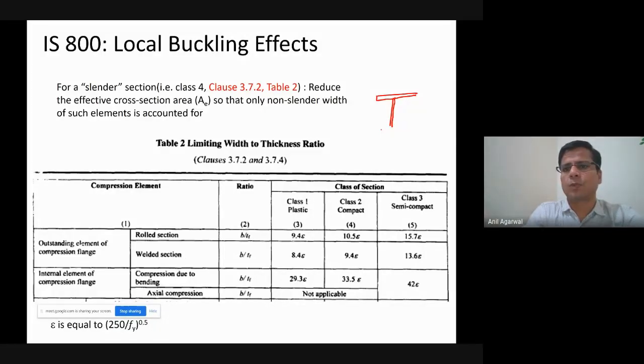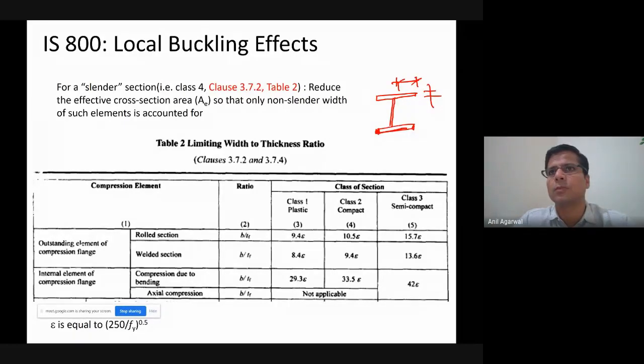Okay. So if I have a beam, the ratio between the width of the flange versus the thickness of the flange. Here we will use half of the width and we will use the thickness. So width versus thickness, if that ratio is large, then your member is more towards slender or semi-compact.